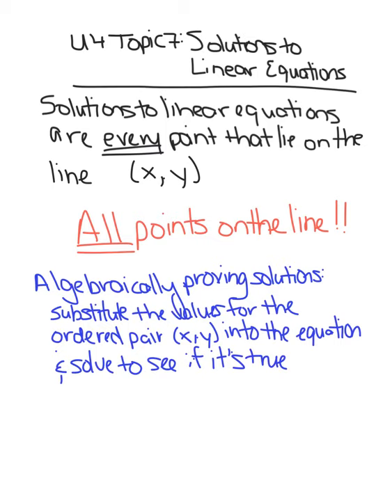All right, so algebraically proving solutions is substituting the values for the ordered pair, that x comma y, into the equation and solve to see if it's true.